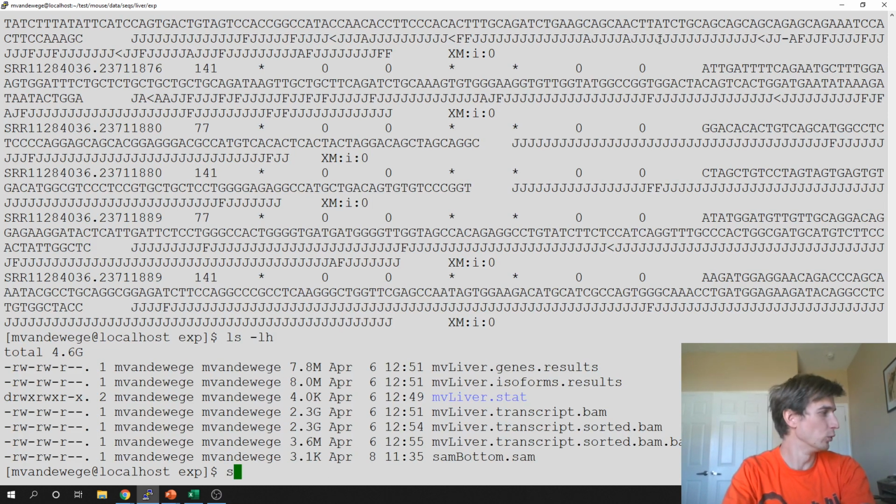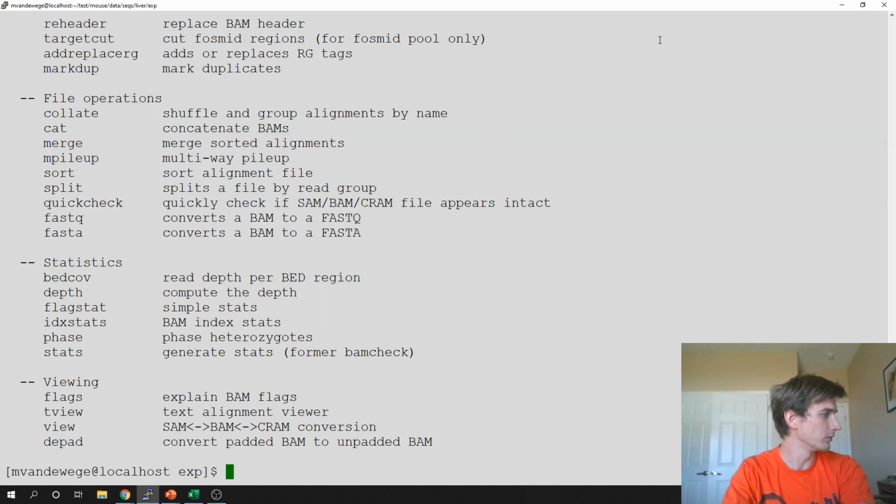So another nice tool of SAMtools is flagstat. We have all of these flags that tell us if a read is paired or unpaired, if it's mapped, did it map with its pair, is it in the forward orientation, is it in the reverse orientation.